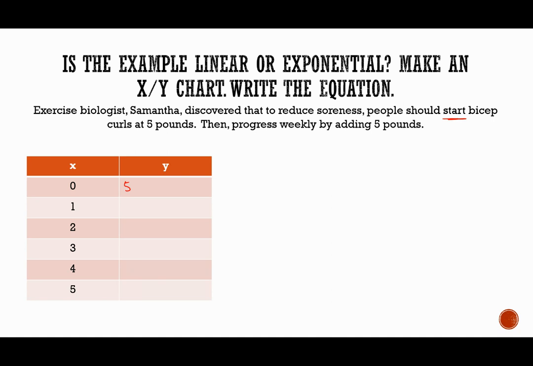Then progress weekly by adding 5 pounds. Okay. This is nice because it tells us literally adding 5 pounds. So I would have 10-pound weights, 15-pound, 20-pound, 25, and then 30 for my bicep curls. And you're adding 5 every single time.